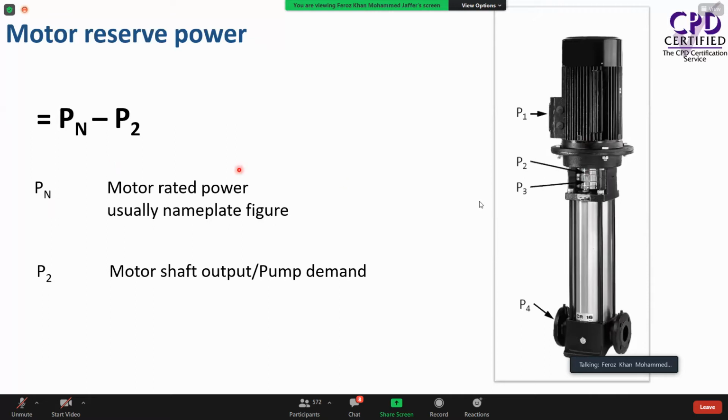For example, if it is a 7.5 kilowatt motor, and the demand from the pump is say 6 kilowatt at the maximum load, then the difference between 7.5 and 6 kilowatt, which is 1.5 kilowatt, will be the motor reserve power.